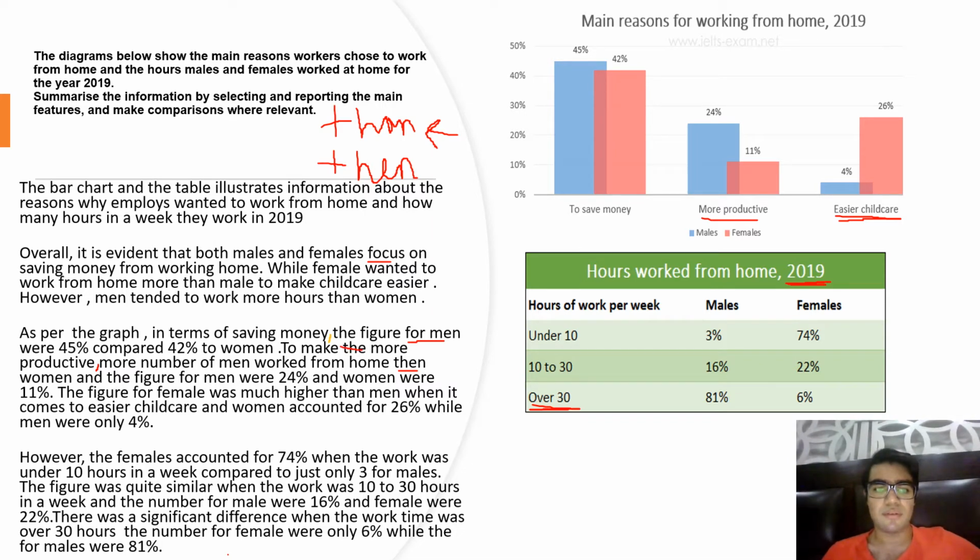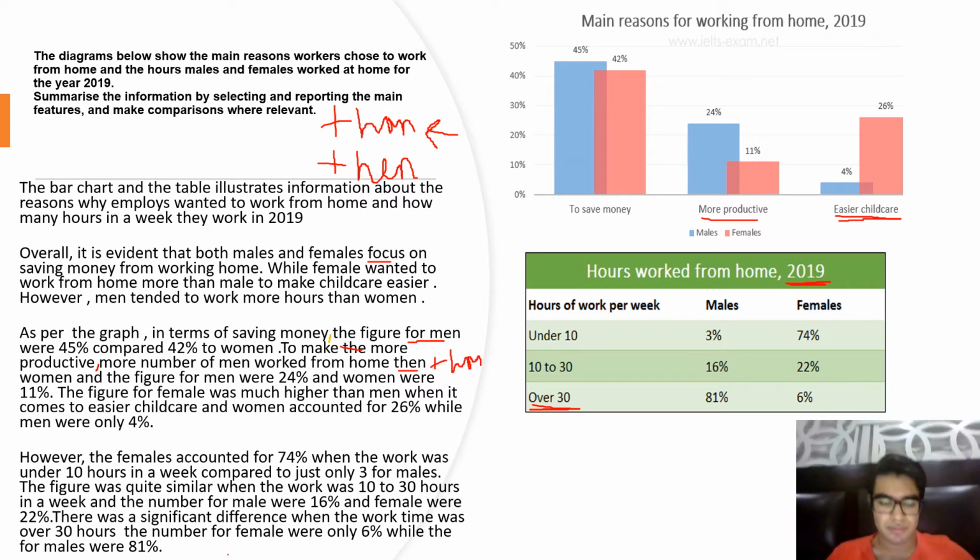To make it more productive, put a comma. More number of men worked from home THAN. I can't write it clearly, but you get the idea, okay? To make it more productive, more number of men work from home than women, and the figure for men were, you shouldn't use were, you should use was.